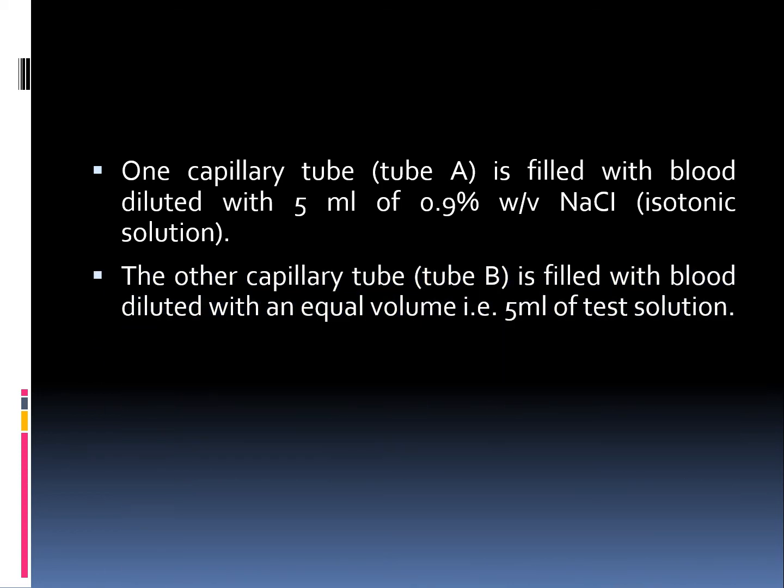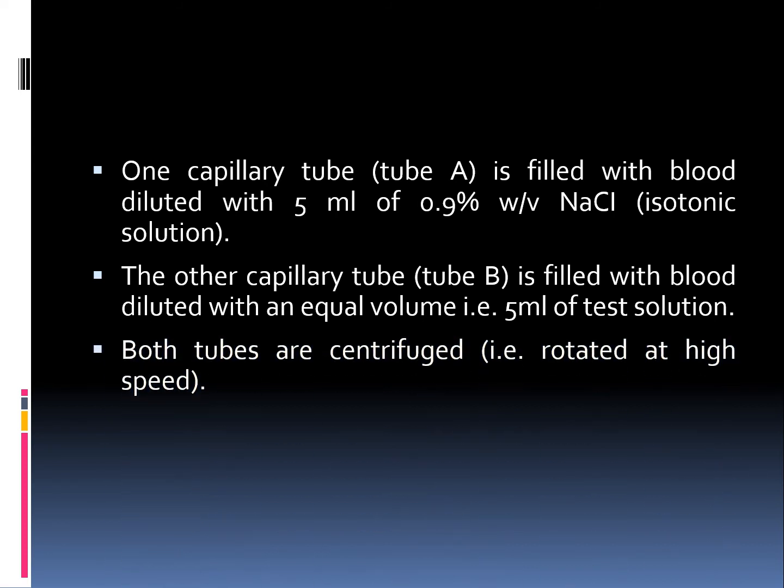The other capillary tube is filled with blood and an equal volume, 5 ml, of our test solution. So in capillary A there will be our RBCs plus 0.9% NaCl solution. In capillary B there will be RBCs plus 5 ml of our test solution.